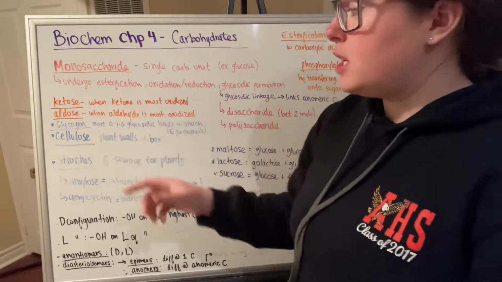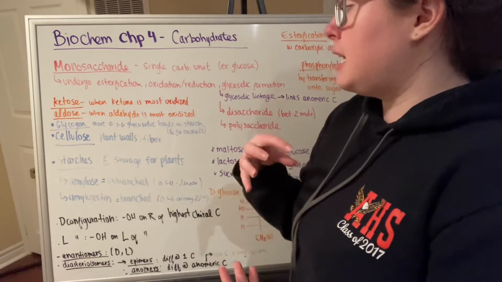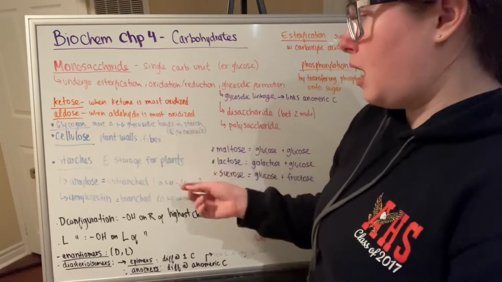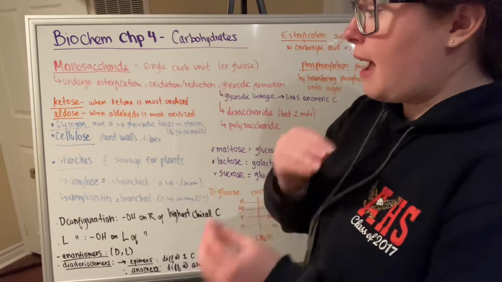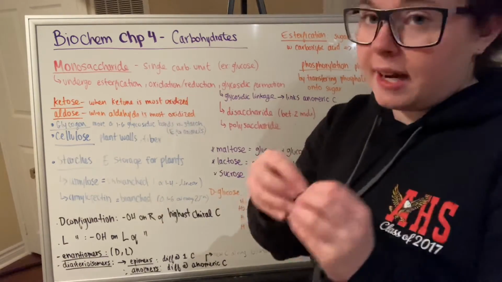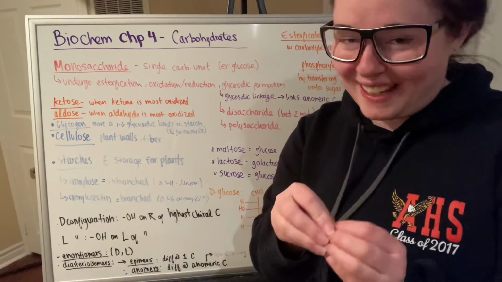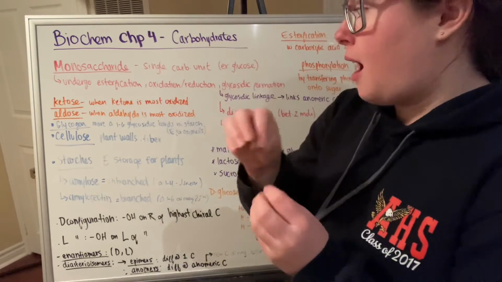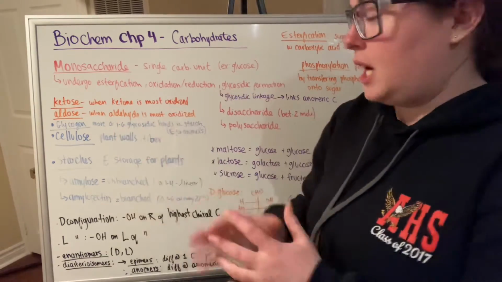So again, glycogen is energy storage for animals, and it just has more alpha 1,6 glycosidic bonds than starch does. So I believe approximately every 10 monomers, there is going to be a 1 to 6 glycosidic bond, just growing this chain, okay?